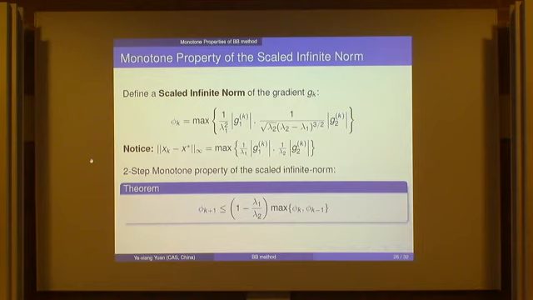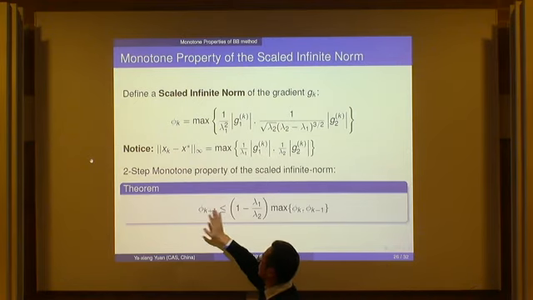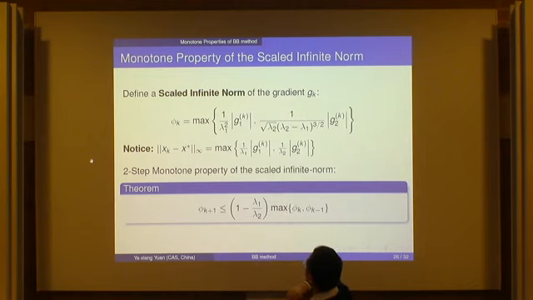I think it is a good name, the scaled infinite norm. Having done this, I was able to prove what I call the two-step monotone. This will always be less than the maximum of these two times a fraction which is smaller than 1. So that is the monotone result.